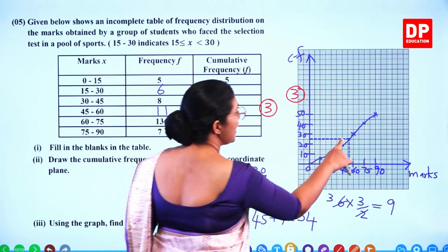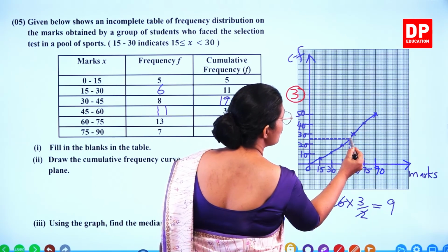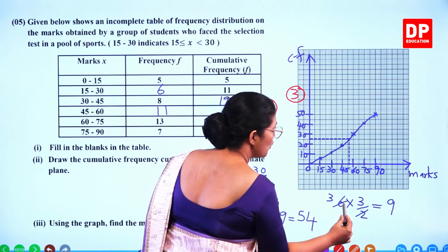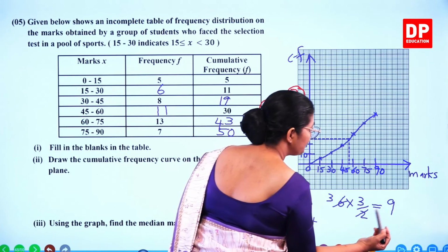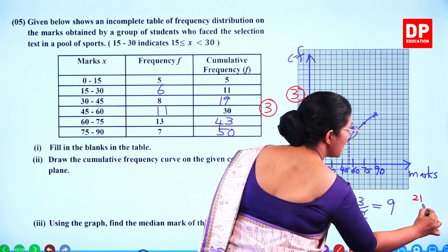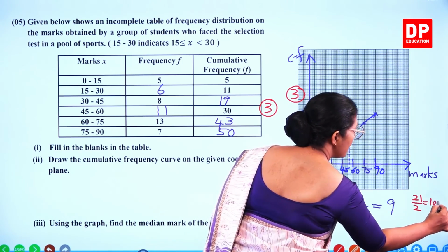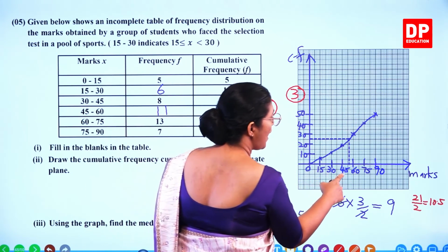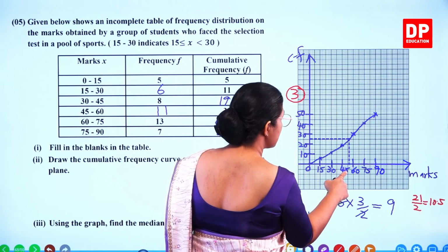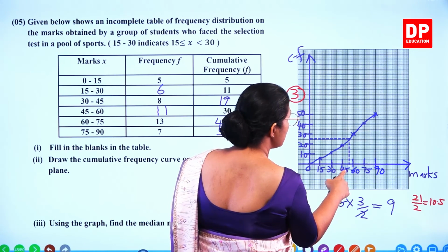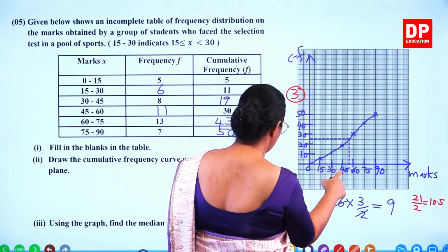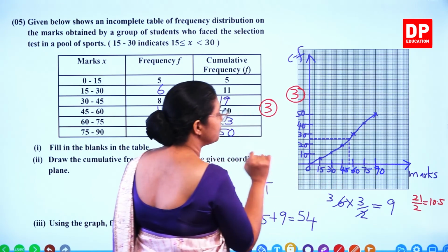If you take it as 7, it's not sure whether it's 6 or 7. If it's 7, what's the value? 21 divided by 2, just do the calculation. 21 divided by 2 is 10.5. Then when you add 10.5 to 45, that's 55.5.